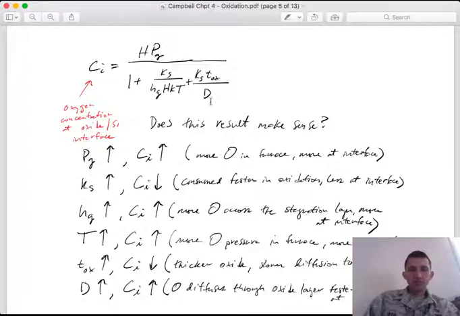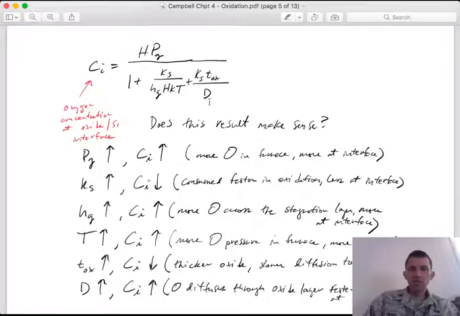Remember, this D is temperature dependent. This is equal to D naught, the diffusivity, times e to the minus Q over RT. And so we have a T down here. We also have a T here that drives this to be larger.